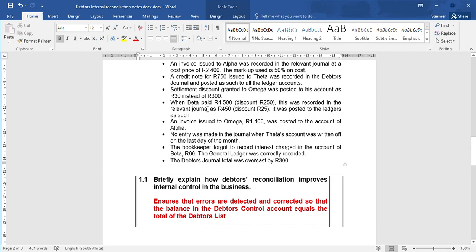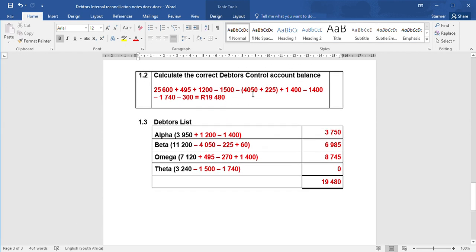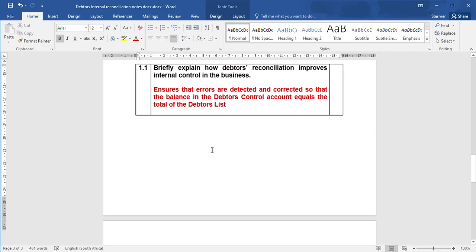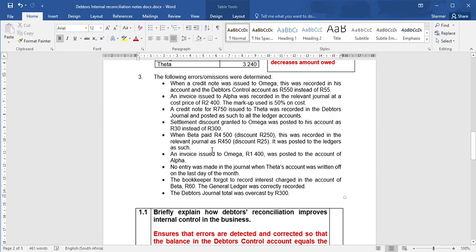So you're going to need to decrease further the difference between the 4,500 and the 450, and also decrease by the 225, which is the difference between the 250 and the 25, and his account is going to need to decrease by the same amounts here. His account is also wrong if it's done incorrectly in the journal.